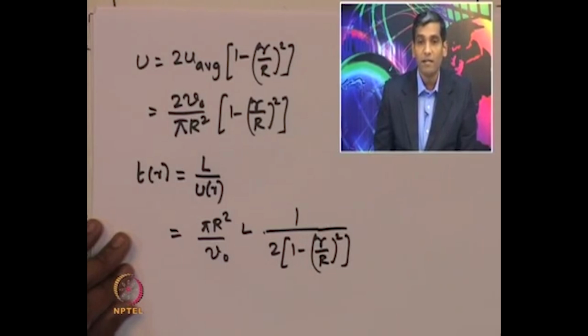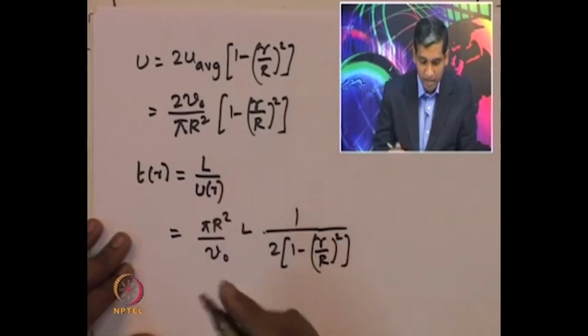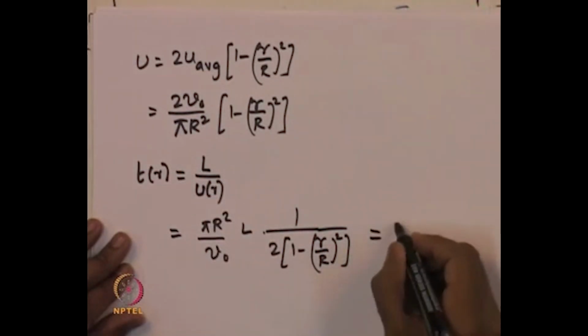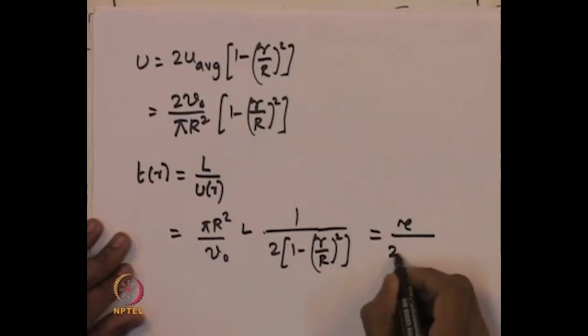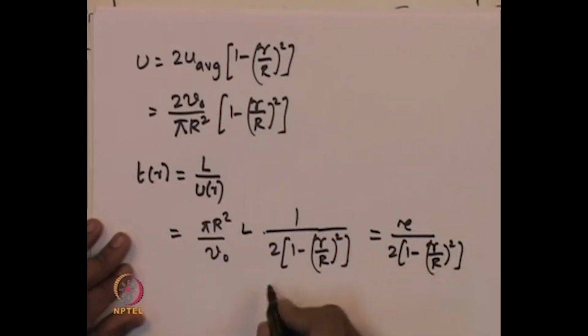So, that is the time taken by different fluid elements entering the reactor at any r location. That is equal to tau divided by 2 into 1 minus r by R the whole square, where tau is the space time of the reactor, given by V divided by V naught.